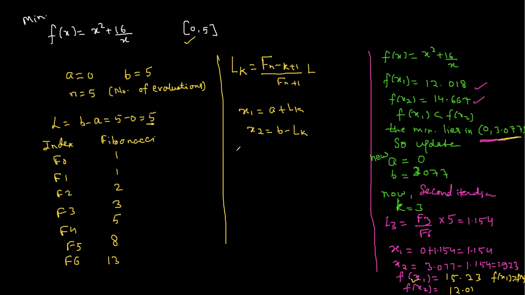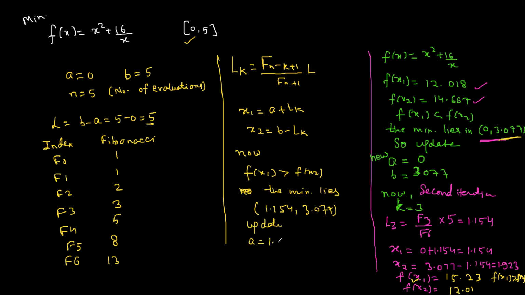So now in this case, f(x1) is greater than f(x2), so the minimum lies between 1.154 to 3.077, right? Now update A and B. What is A? 1.154, and B is 3.077. First write this, then I will tell you how to do it.